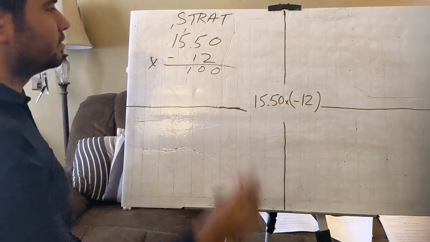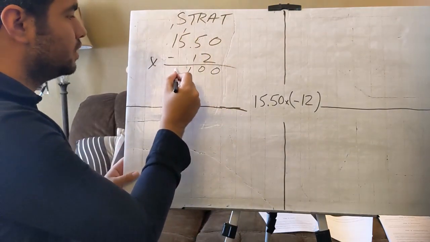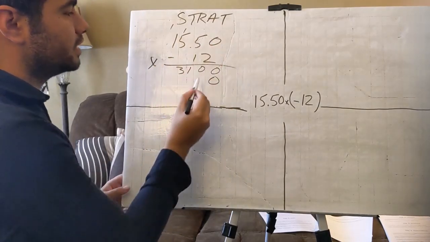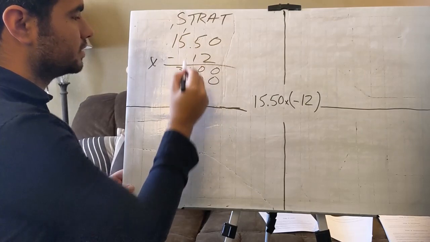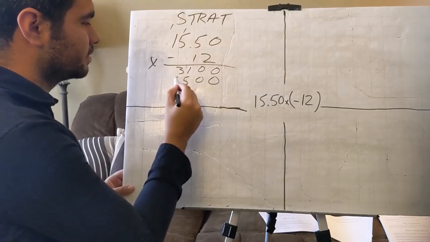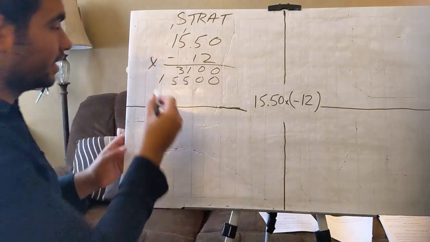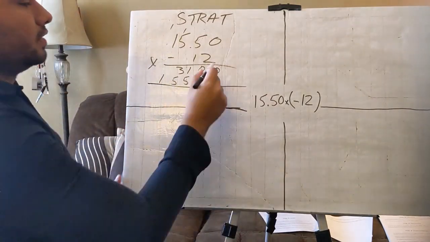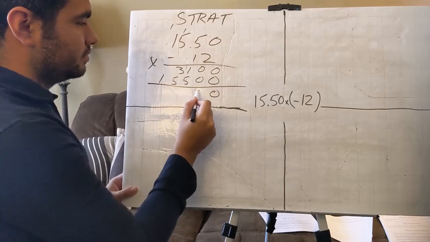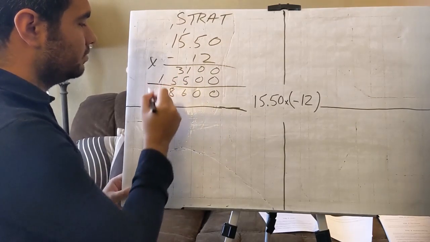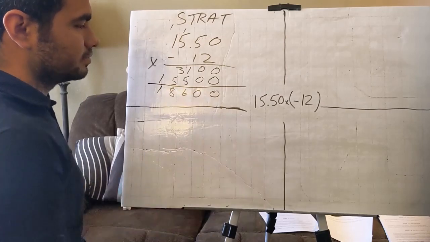Carry the 1. 2 times 1 is going to be 2. We get 3. Put a placeholder down because we're going over. 1 times 0 is going to give us 0. 1 times 5 is going to give us 5. 1 times 5 is going to give us 5. And 1 times 1 is going to give us 1. Now we're going to add everything together. 0 plus 0. 0 plus 0. 1 plus 5, that's 6. 3 plus 5, that's 8. 1 plus nothing is 1.